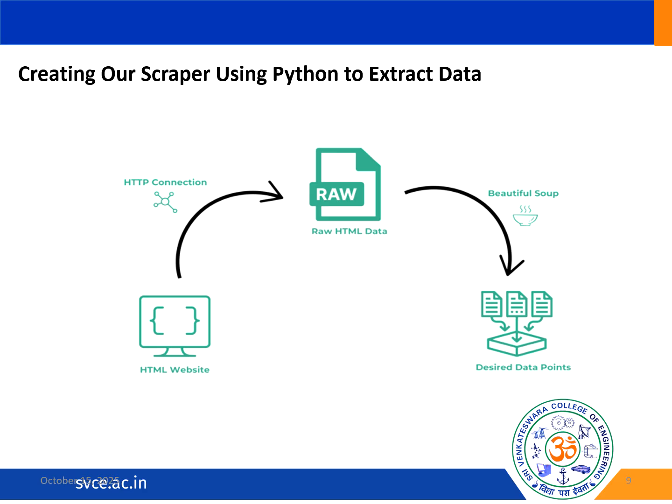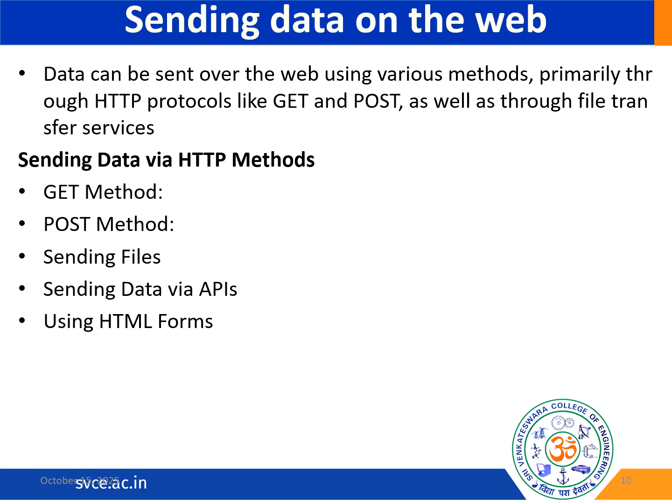This script is mainly divided into two parts. First, you make an HTTP GET request to the target website, and in the second part you extract the data out of the raw HTML using parsing libraries like BS4 and Cheerio. So this is all about creating our scraper using Python to extract data.